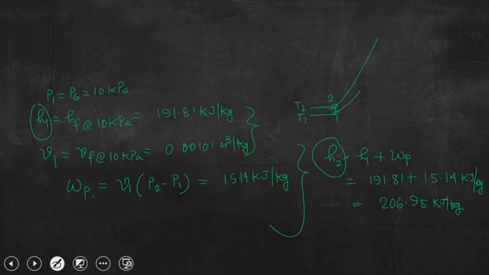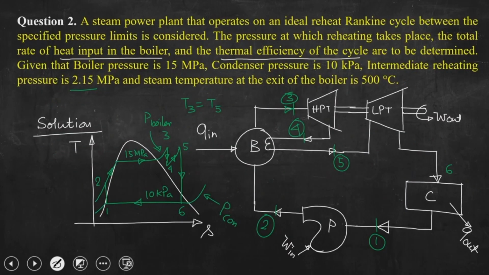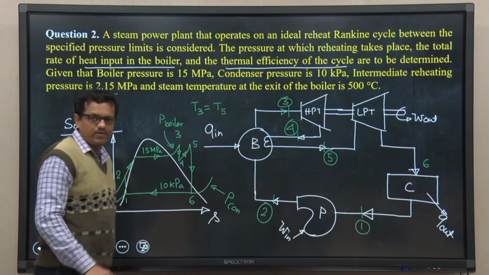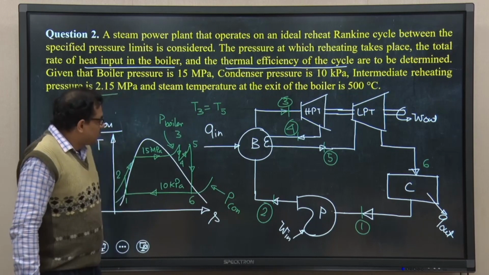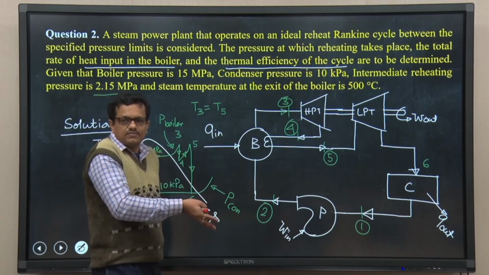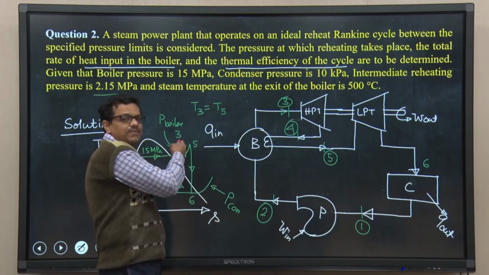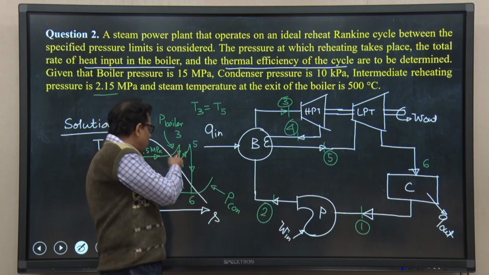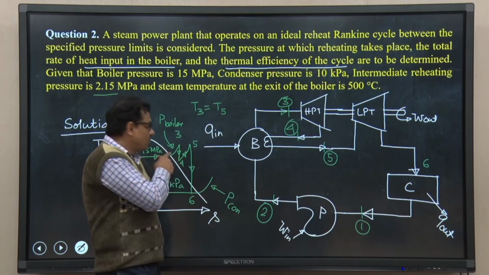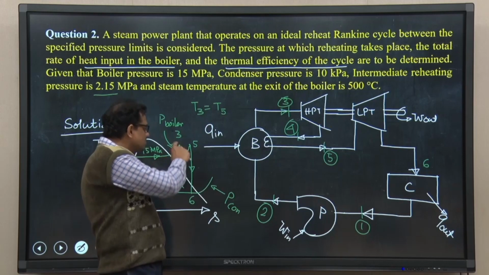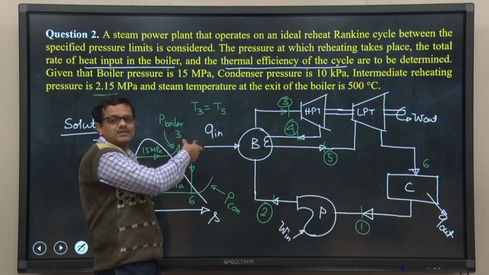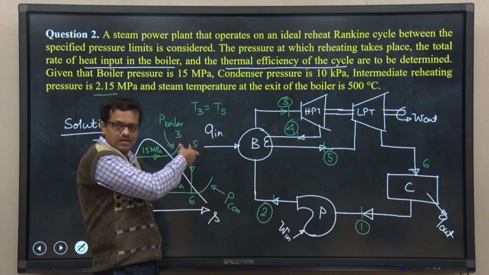If we go back to the previous slide, you can see that process 3 to 4 is an isentropic process. Now, the question is, we need to calculate enthalpy at all points. We have calculated enthalpy at point 3, we have to calculate enthalpy at state point 4. What we know? We know P4, because this expansion process takes place up to an intermediate pressure, that is 2.15 megapascal.